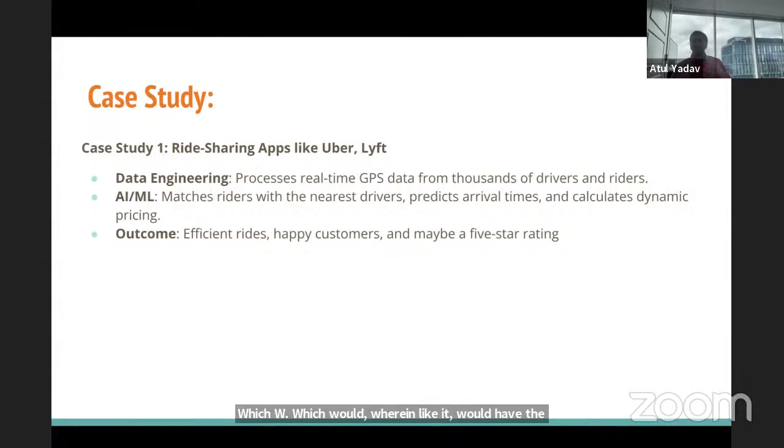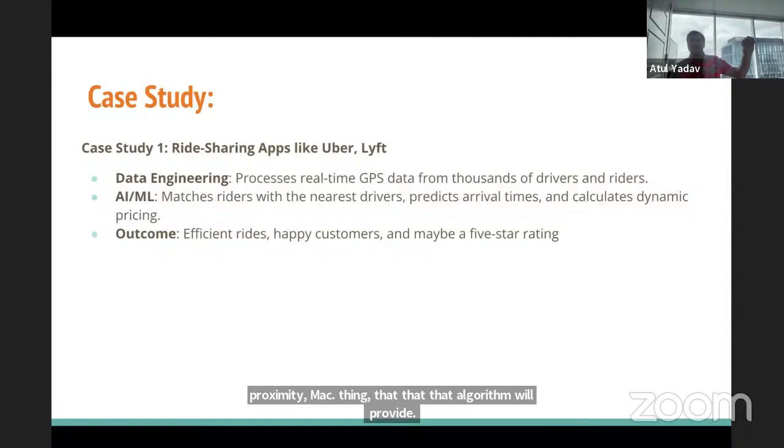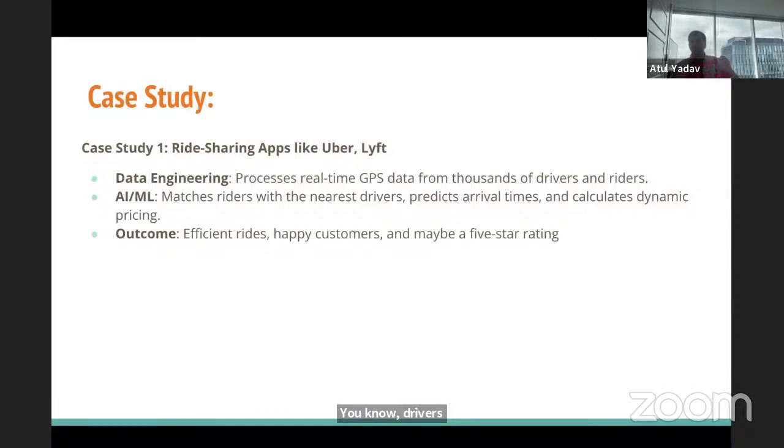thing, that algorithm will provide the drivers closest to the location of the rider, okay. So what that means here is that this AI algorithm will automatically find which rider is near to that particular passenger or user, once a user logs into the app and the rider is also already logged into the application.